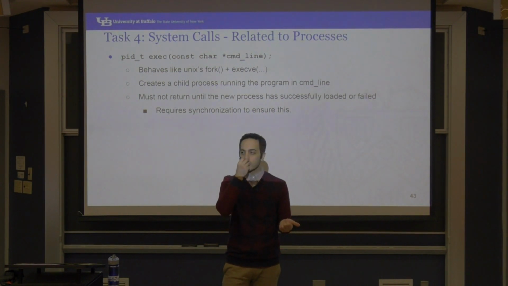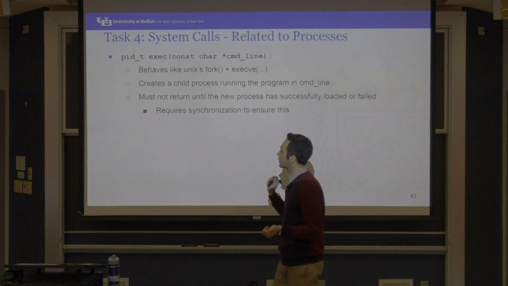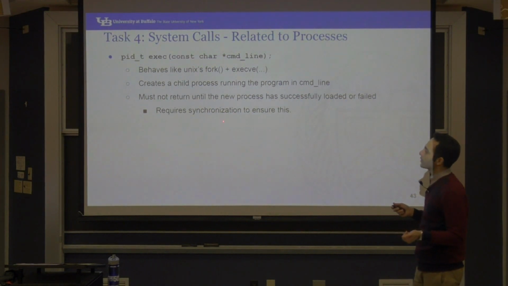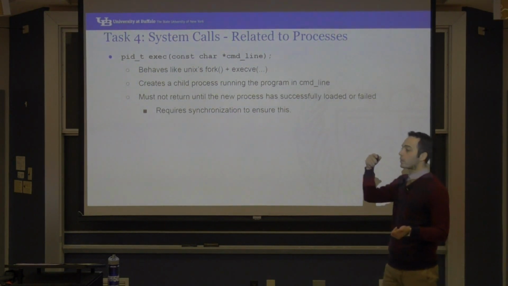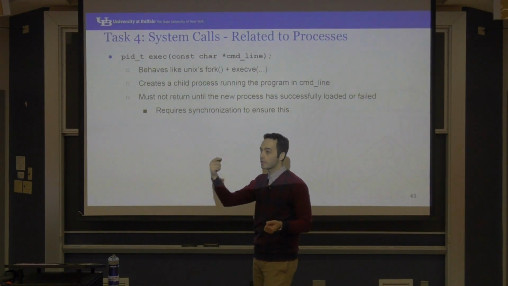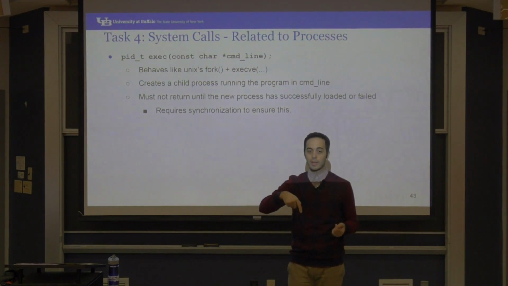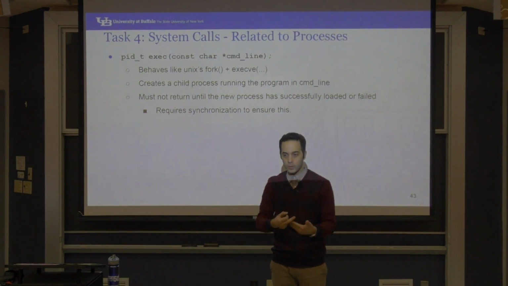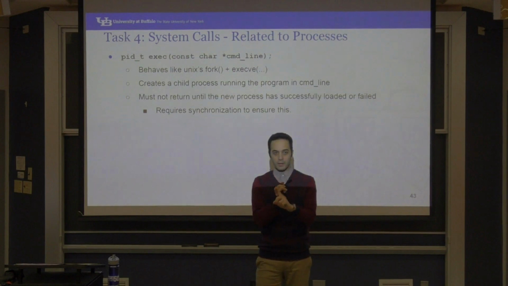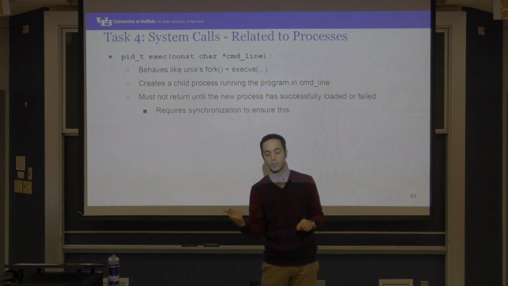So it's important for you to understand that you should use synchronization to ensure this: the execution thread in the parent process should block until the new thread starts, loads the program, and either finishes successfully or fails, and then be able to communicate this.